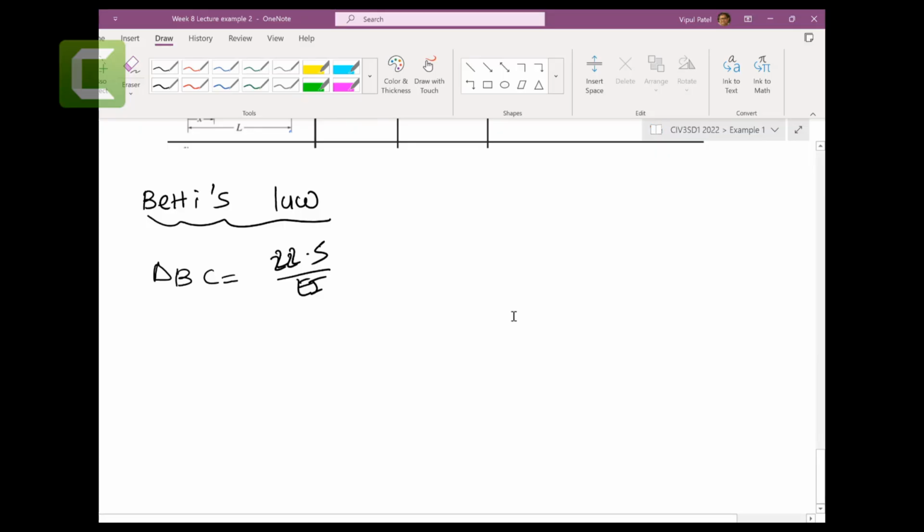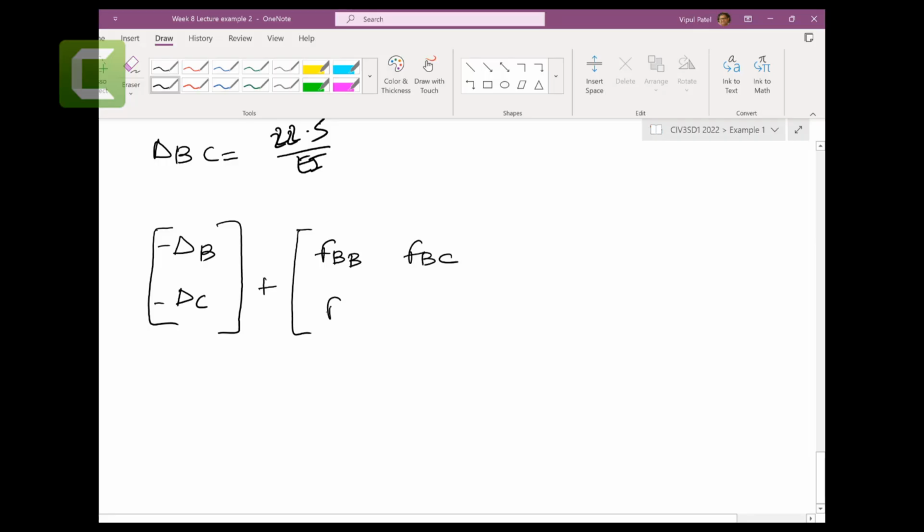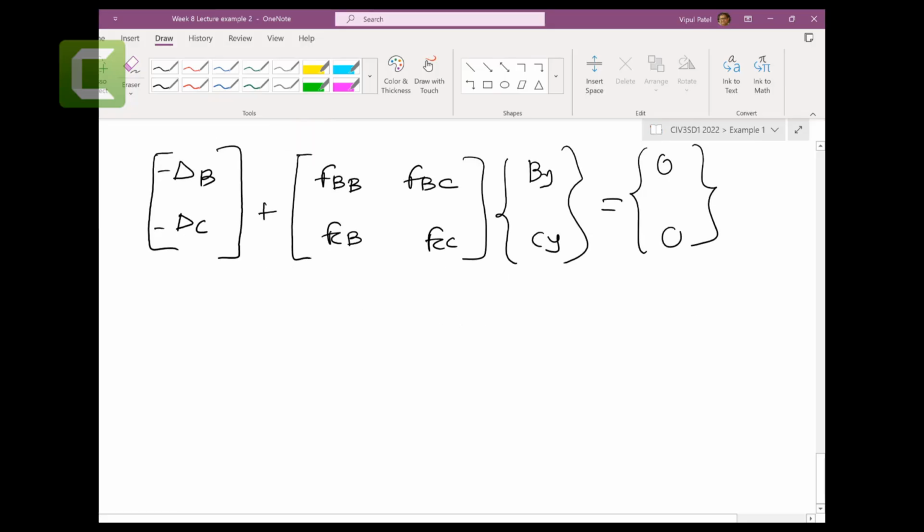Let me get those equations. The equations that we got are: delta B, delta C, and these are minus, plus FBB, FBC, FCB, which I think are the flexibility coefficients, FCC, and then BY, CY equal to 0. Now let's plug in the values.